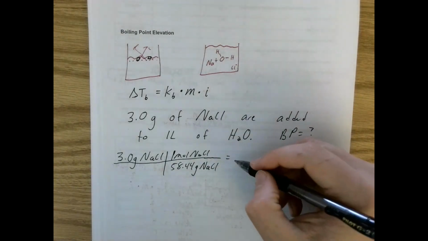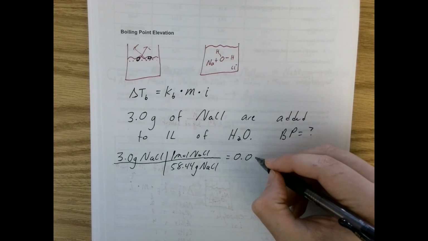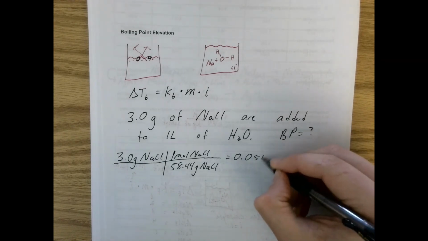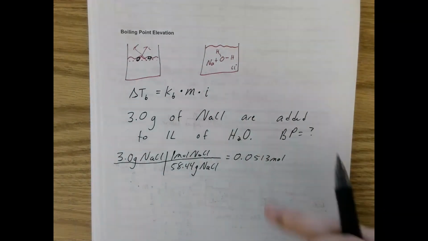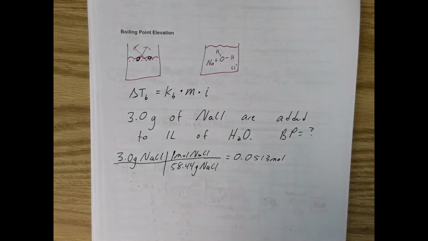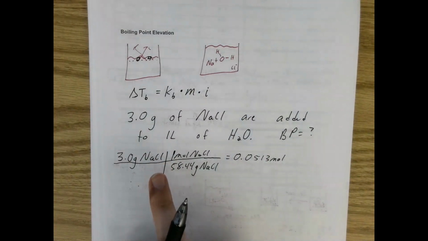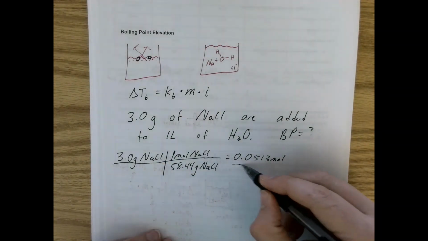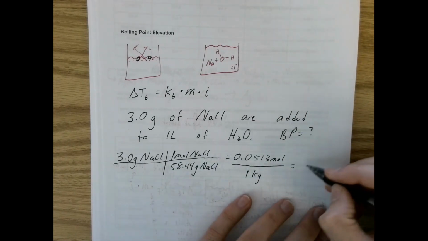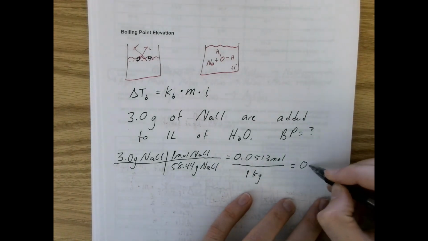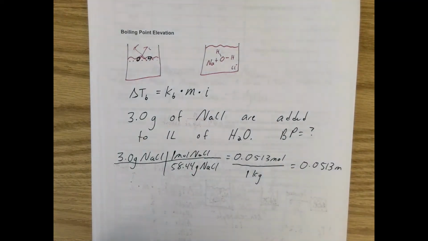So how many moles do I have? 0.0513 moles. Then I need kilograms of solvent. 1 liter of water weighs how many kilograms? 1. So divided by 1 kg equals 0.0513 lowercase m.